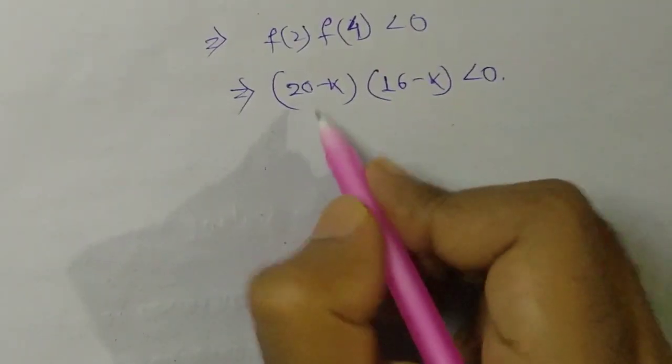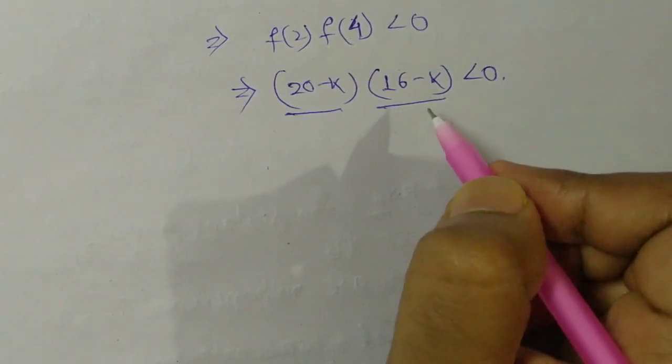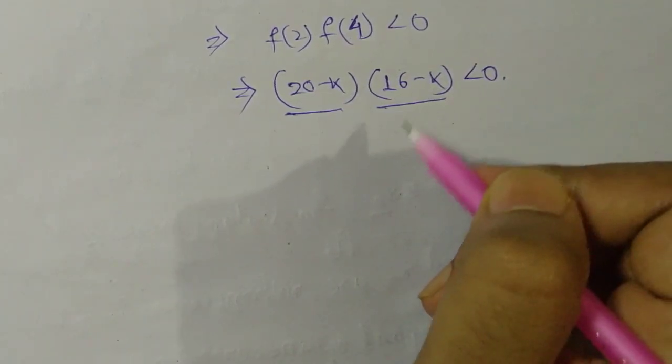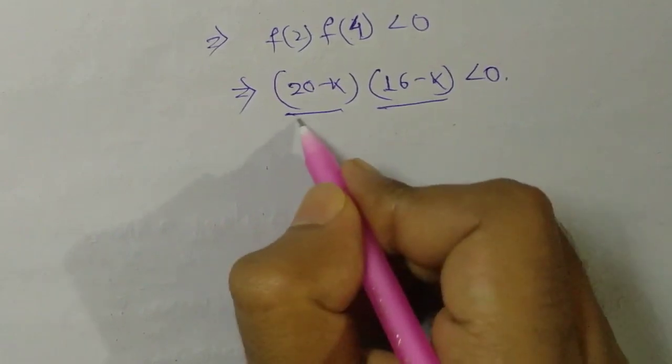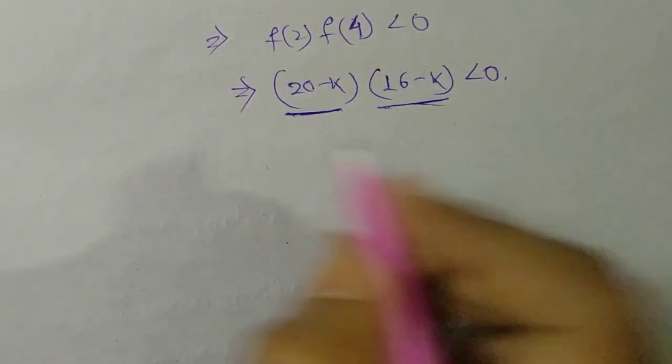Now see that the product of two factors is less than 0. So we will obtain two cases: either this will be less than 0 or that will be less than 0.